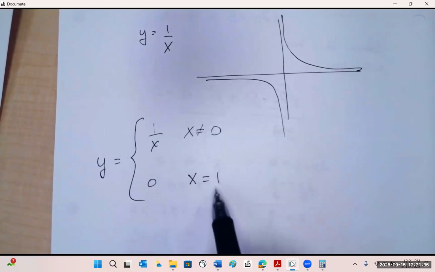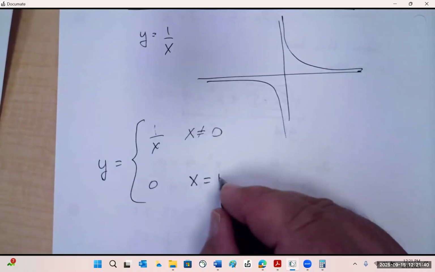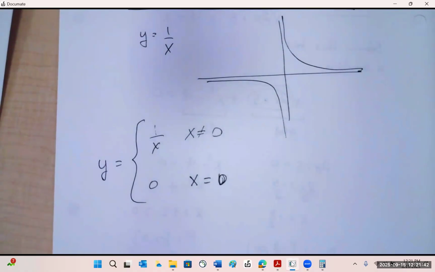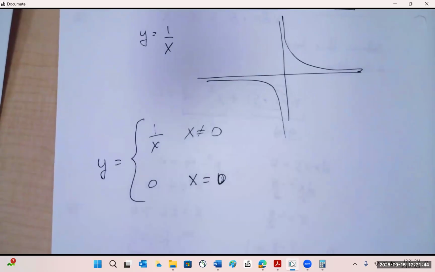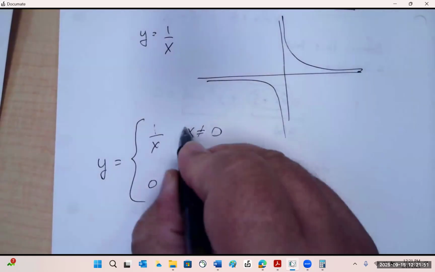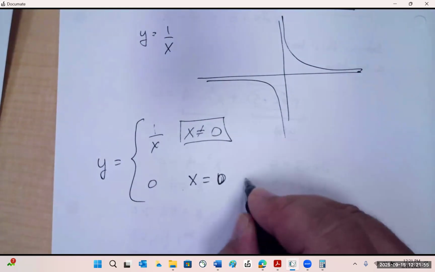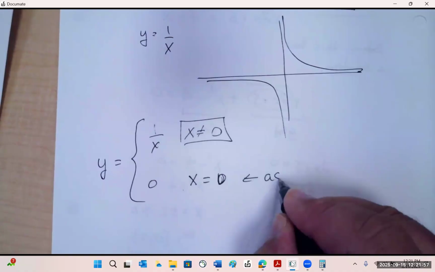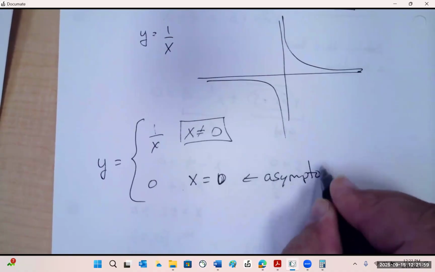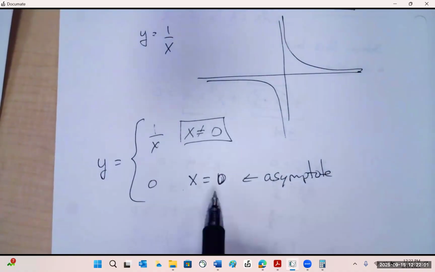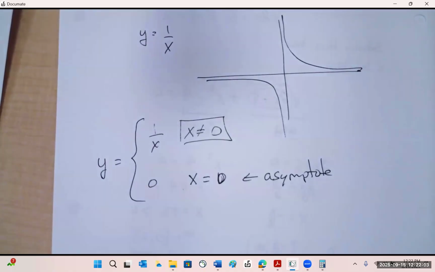Once we locate the point, when x equals 0, the value is 0. We know it's continuous on its domain, but this is at the asymptote. We can define a value at the asymptotes.